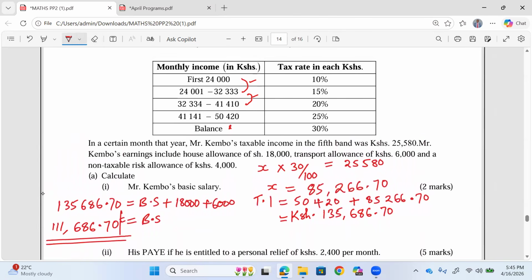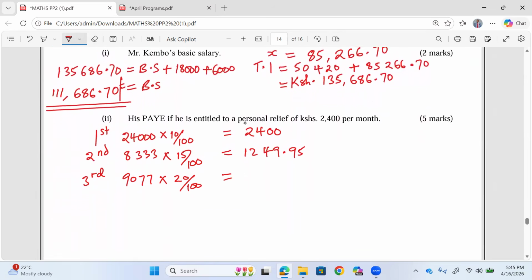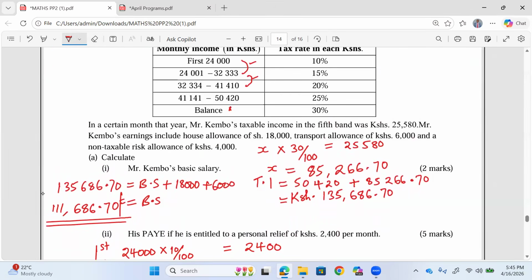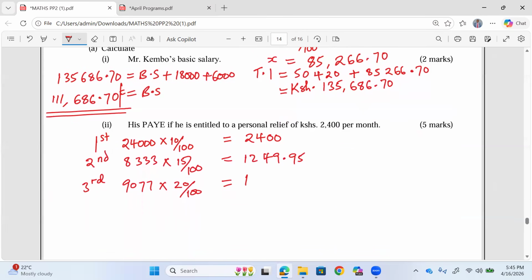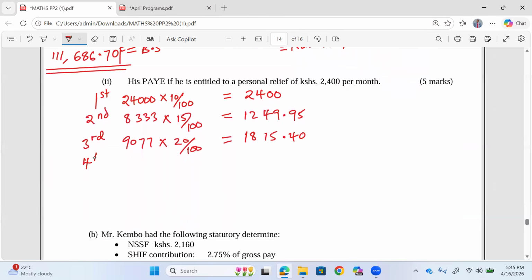So we're getting 9,077, at the rate of 20%. This is going to be 1,815.40.